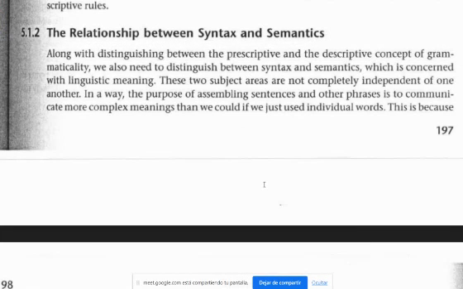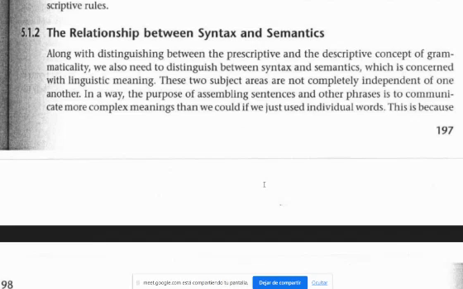The relationship between syntax and semantics. Along with distinguishing between the prescriptive and the descriptive concept of grammaticality, we also need to distinguish between syntax and semantics, which is concerned with linguistic meaning. These two subject areas are not completely independent of one another.